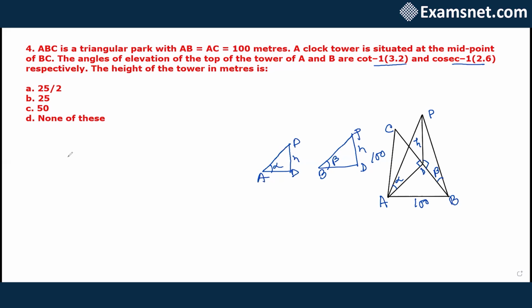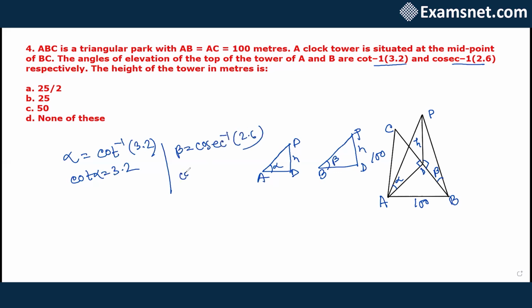Okay, let me figure it out. We have assumed alpha in terms of the value cot inverse 3.2. That means I can write cot alpha equals 3.2, and beta in terms of the value cosec inverse 2.6. That means I can write cosec beta as 2.6.